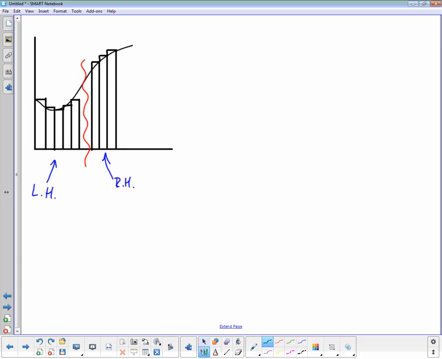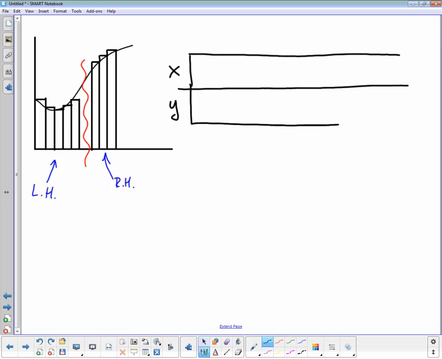Now, if I was to do this on a left-handed version, let's just say, let's make some data, shall we? Now, this data is not for that graph, but it could be a graph.